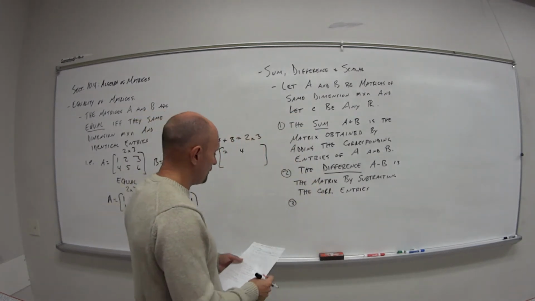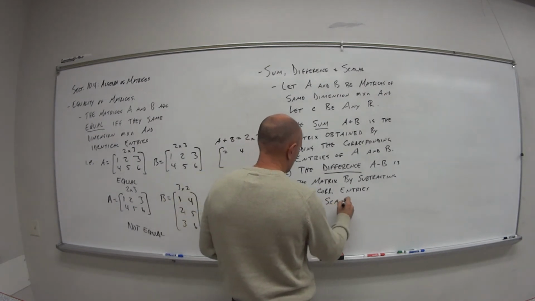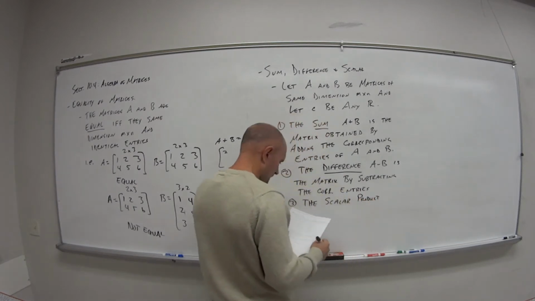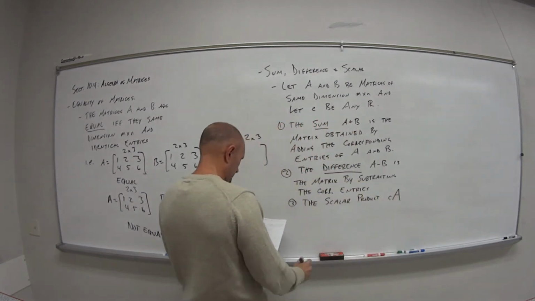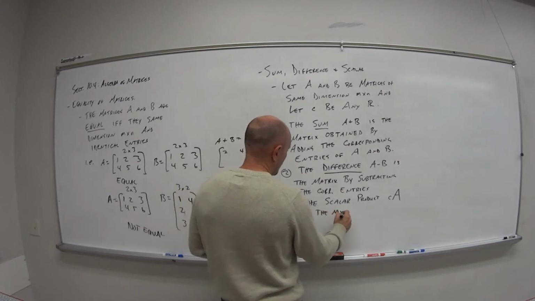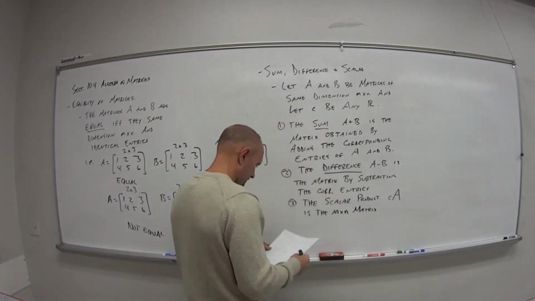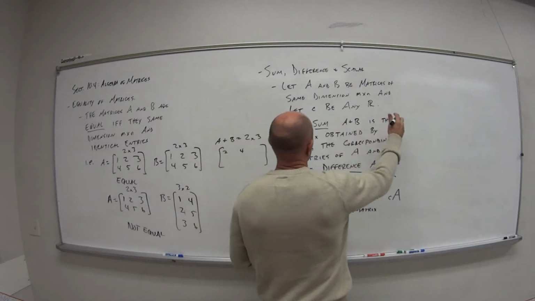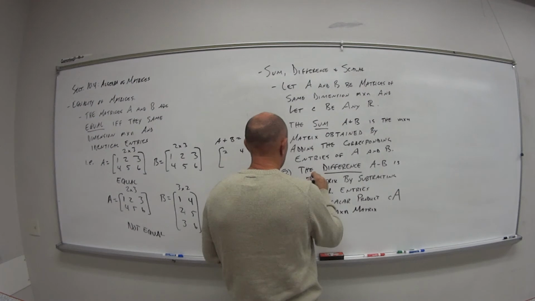And then third, the scalar product C times some matrix A is the M by N matrix obtained by multiplying each entry by that value C. And the sum is the M by N matrix obtained.